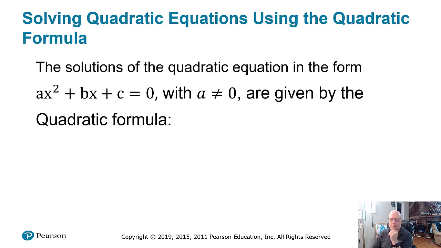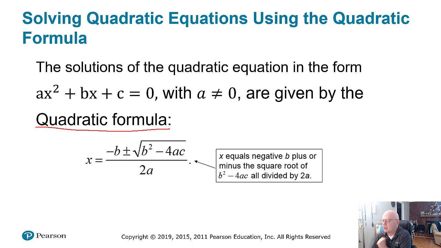Next, sometimes it's hard, very hard, to factor a quadratic equation. When that's the case, then the quadratic formula is your biggest friend. What's the quadratic formula? There you go. X equals, because you're looking for x.